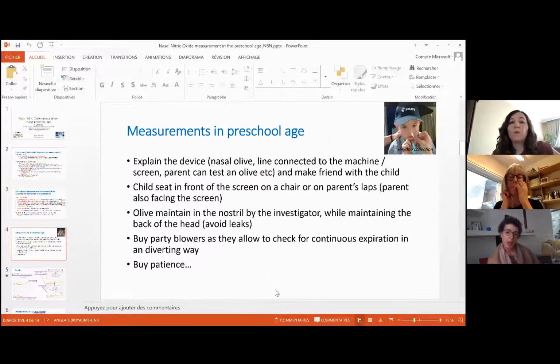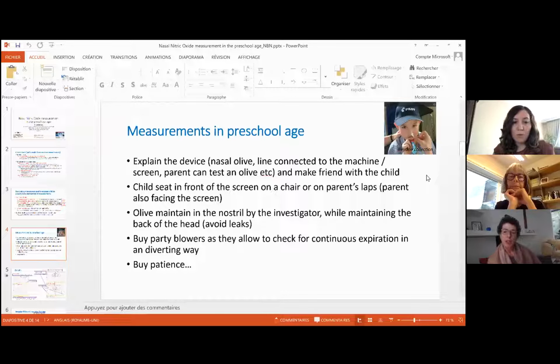So for measurement in preschool children, you have to, of course, explain the device and what is going to happen to the child. I insist on the child facing the screen, because you have to put a hand at the back of the head of the child while putting the olive in the nostril, because if you don't do that, the child will move backward, and then you have leaks around the olive.